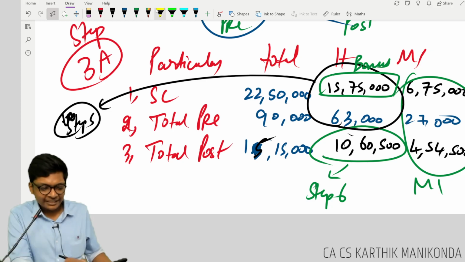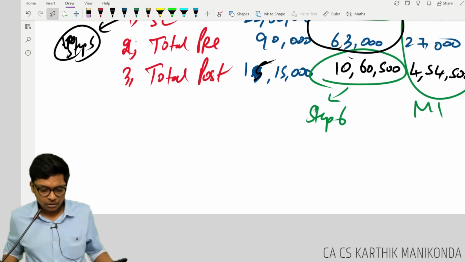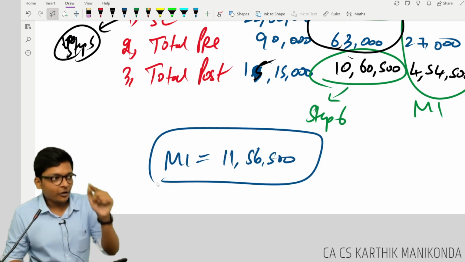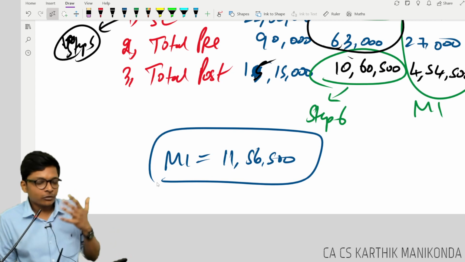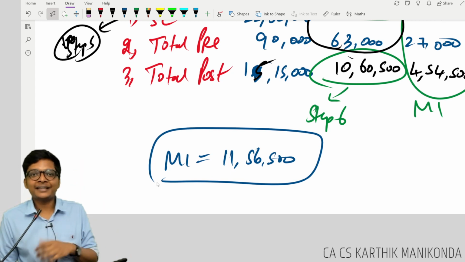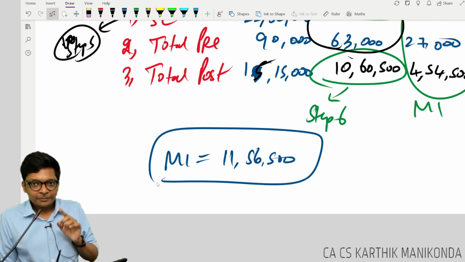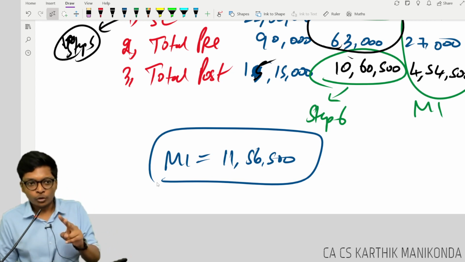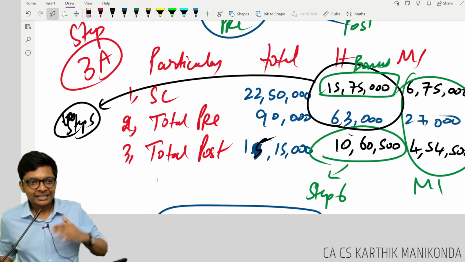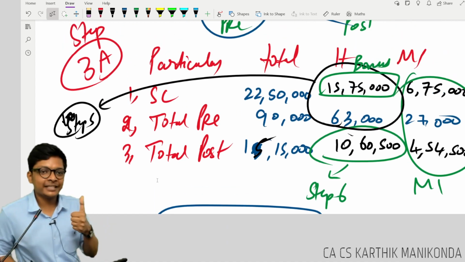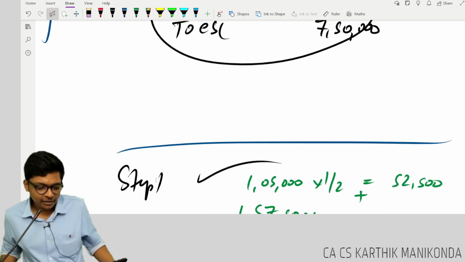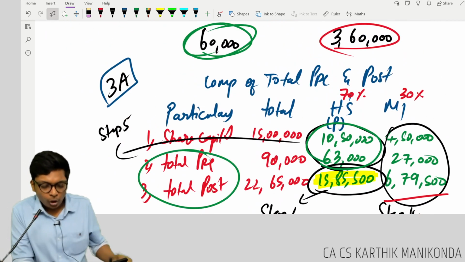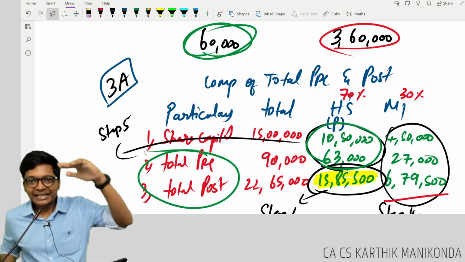Minority total is how much, guys? Minority total is 11 lakh. Same as before bonus. Why, sir? Wow, sir, all this you did. Same answer. Why? With respect to minority, they don't care about pre and post. All that happened is reclassification. In the before table, reserves were more and share capital was less.